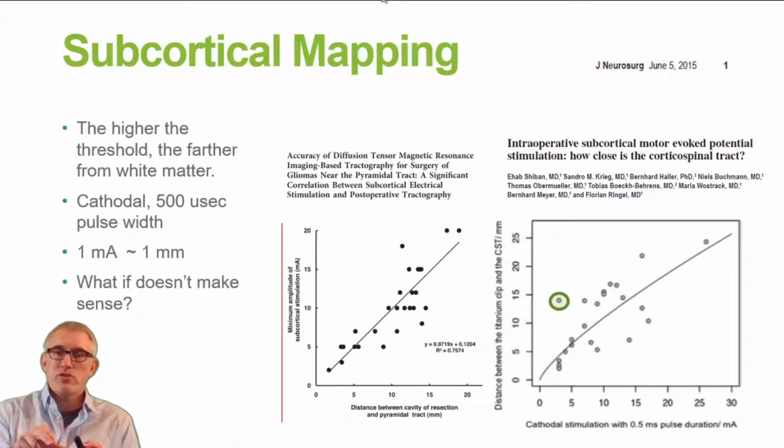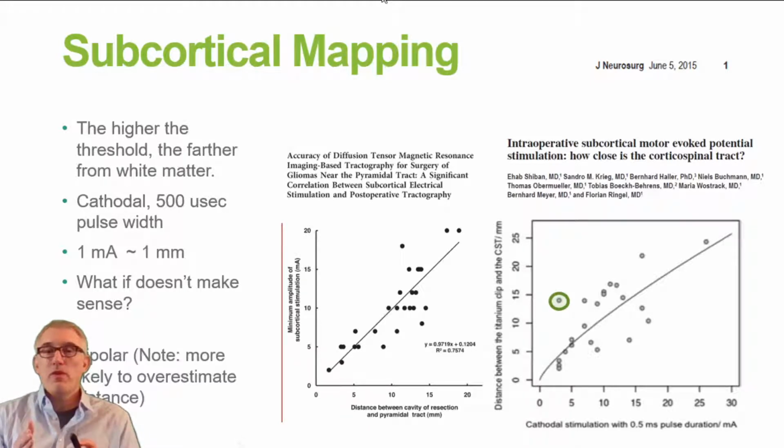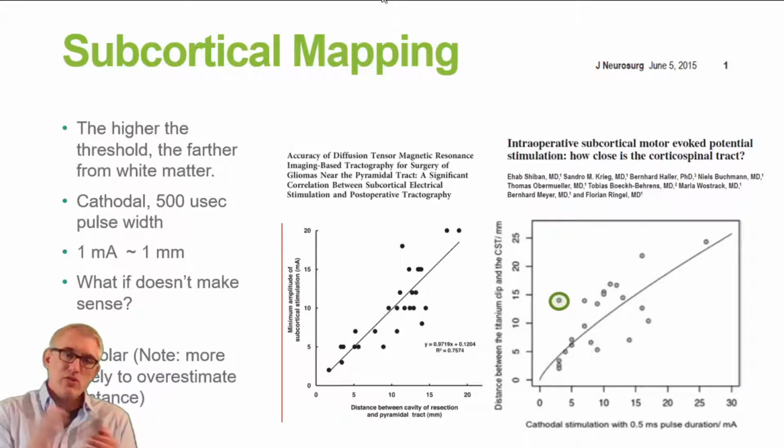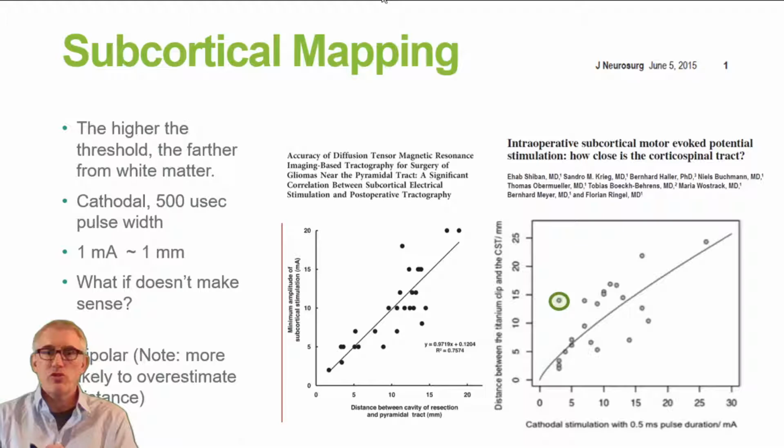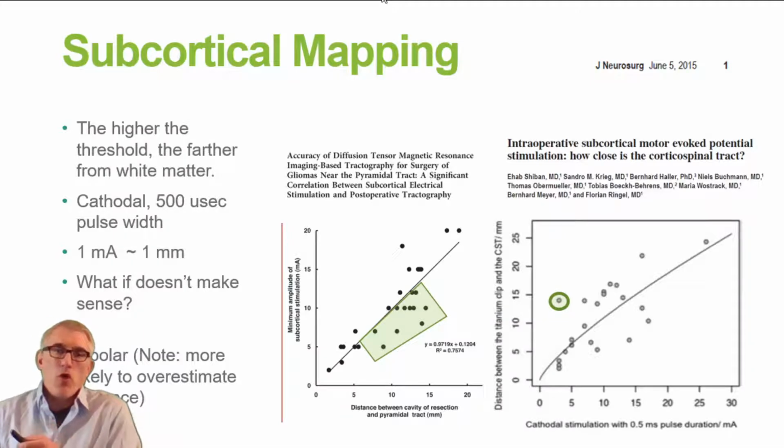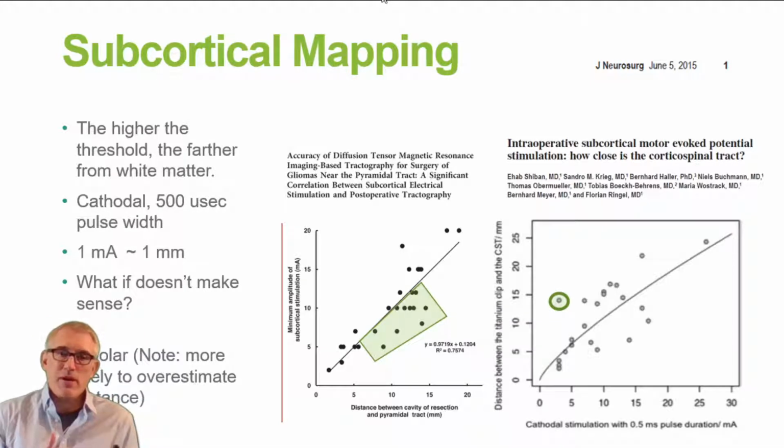With the bipolar electrode, there's also a pretty good correlation between threshold and distance to the corticospinal tract: it's 1 milliamp to 1 millimeter. The only thing with bipolar, and why it's not done initially, is that bipolar stimulation is more likely to overestimate the distance to the corticospinal tract.